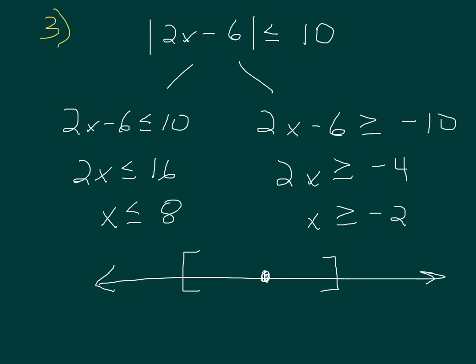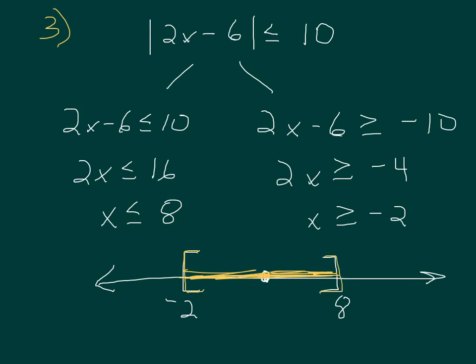We don't know where. It may not even be in here, but the 2x minus 6 would be this situation. So what we're going to do is look at this situation, and we see that x is less than or equal to 8 and greater than or equal to negative 2. So that means our solution set in here looks like this.